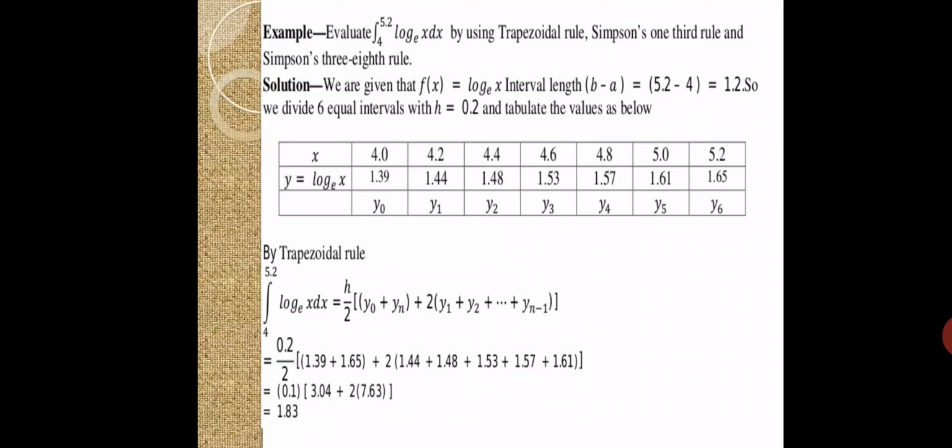We are given that f of x is equal to log x base c. Interval length is b minus a, so 5.2 minus 4 is equal to 1.2.